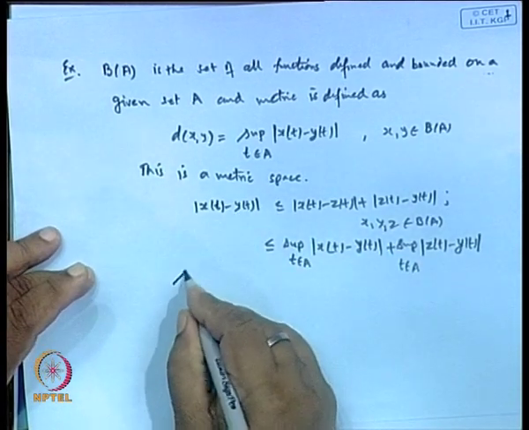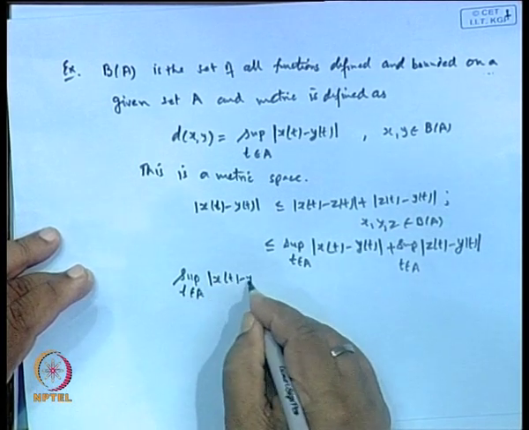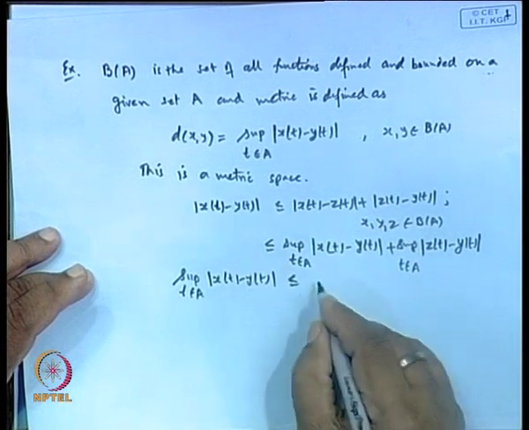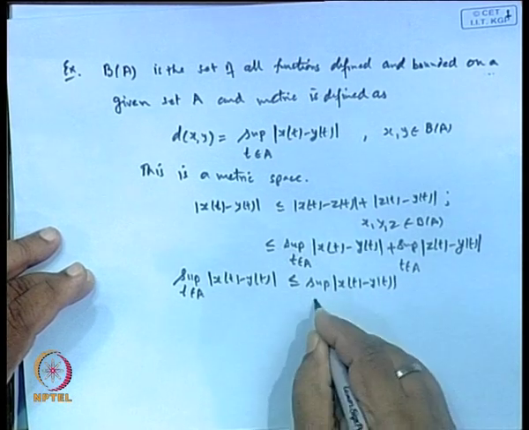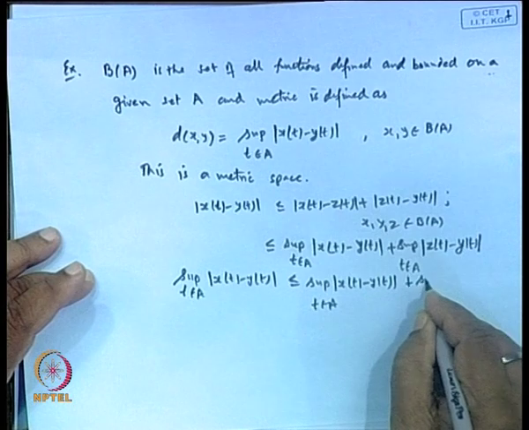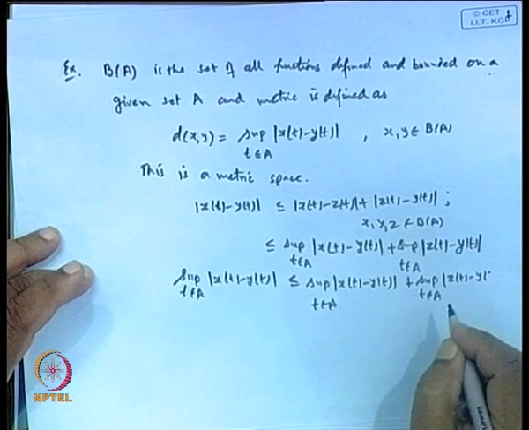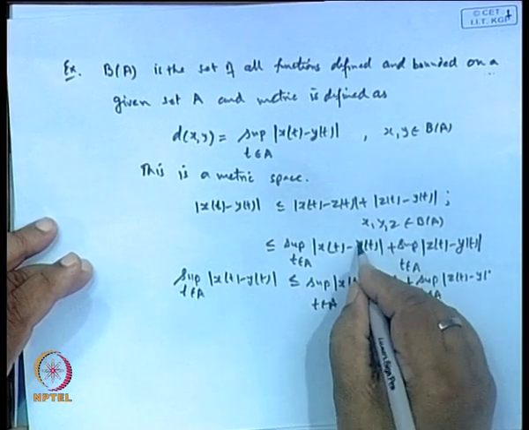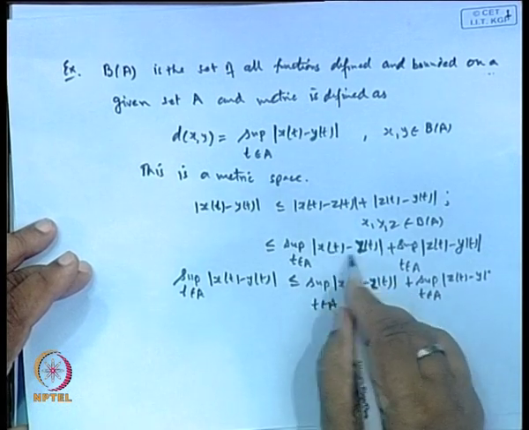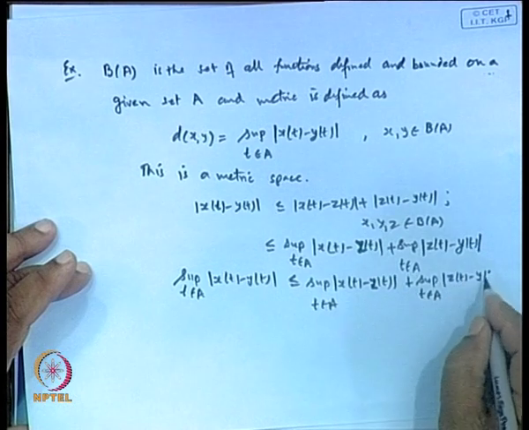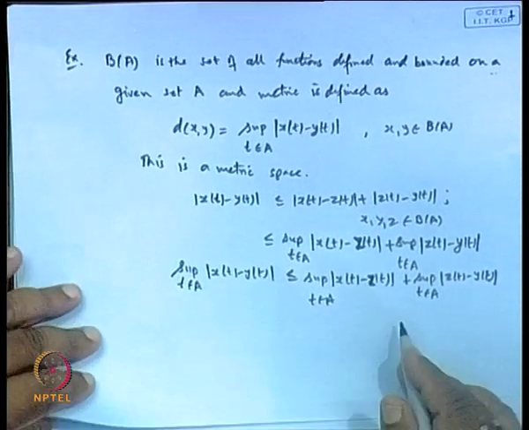So, take the supremum on the left hand side over t, we get this part is less than or equal to the supremum of mod x of t minus z of t, t belongs to A, plus the supremum of mod z of t minus y of t.